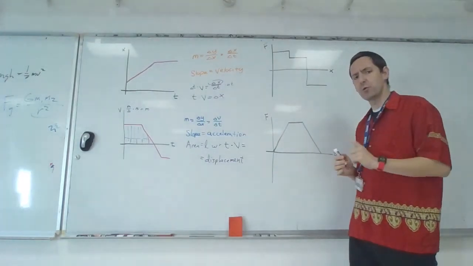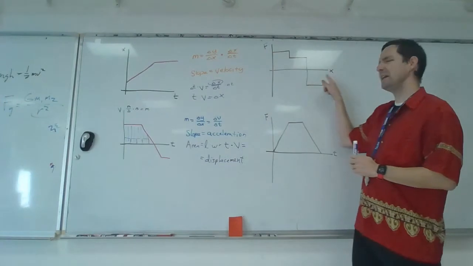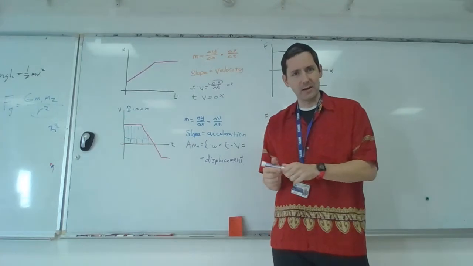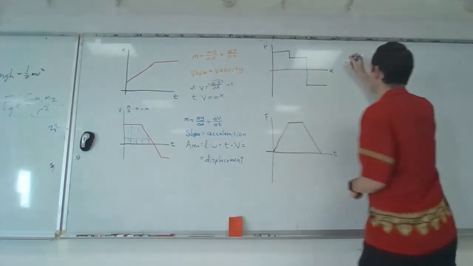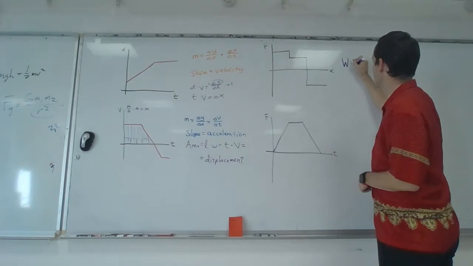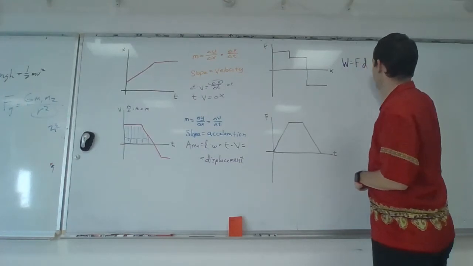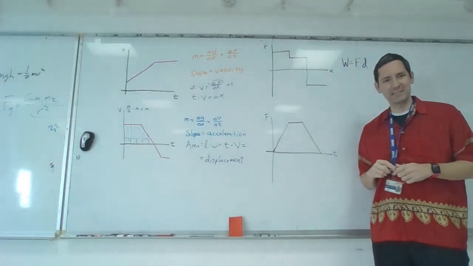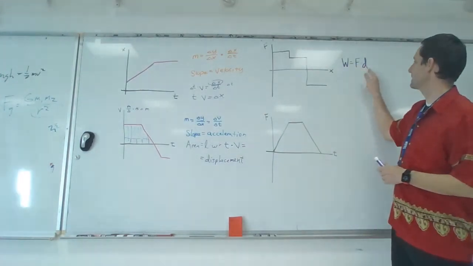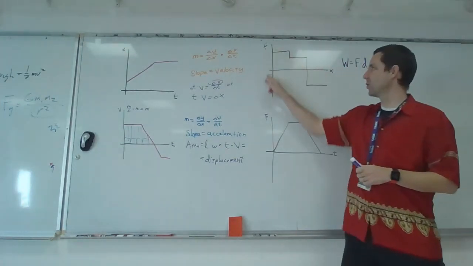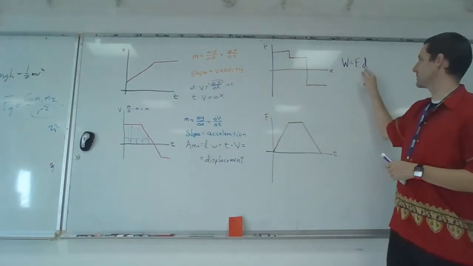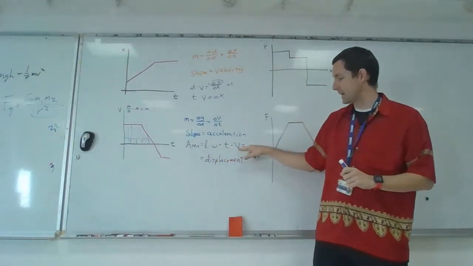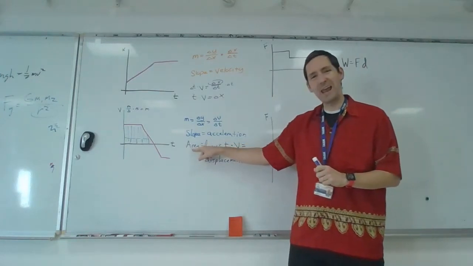Now, in this situation, hopefully you're thinking, I've seen an equation before that has force and distance in it, right? Do you remember what that was? It was this. The work equals the force times the distance. Now, why is that significant? Well, force is on the y-axis and x is on the x-axis. So this is our y times our x. Remember when we did that over here, when we did the y times the x, that was the area.